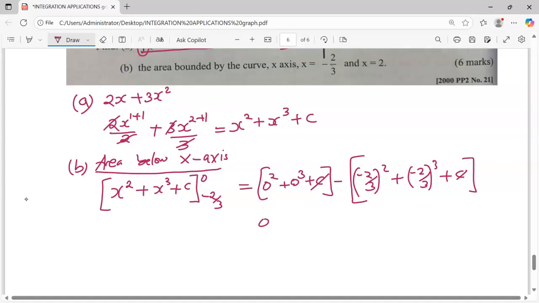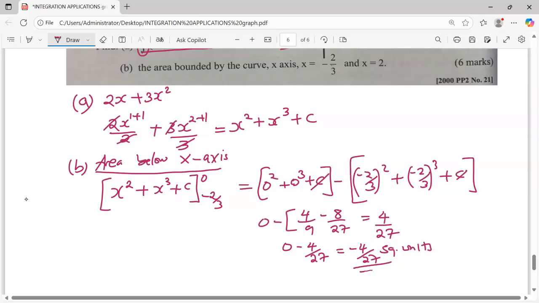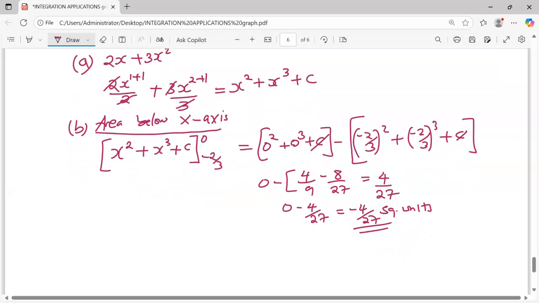That means we are going to have 0 minus 4 over 9 minus 8 divided by 27. And this is going to give us 4 out of 27. Remember, 0 minus 4 out of 27 will simply give us negative 4 over 27 square units. Remember, the negative sign means the area is below the x-axis.